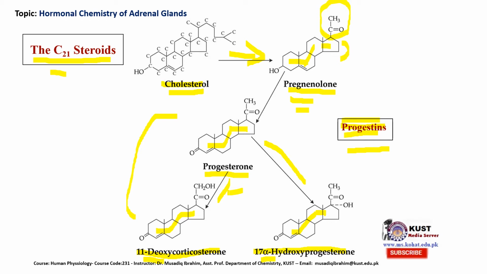Here you have a functional group in pregnenolone. In the case of progesterone, you have a double-bonded oxygen group, and in the case of 17-alpha hydroxyprogesterone, you have an additional hydroxyl group in comparison to pregnenolone.